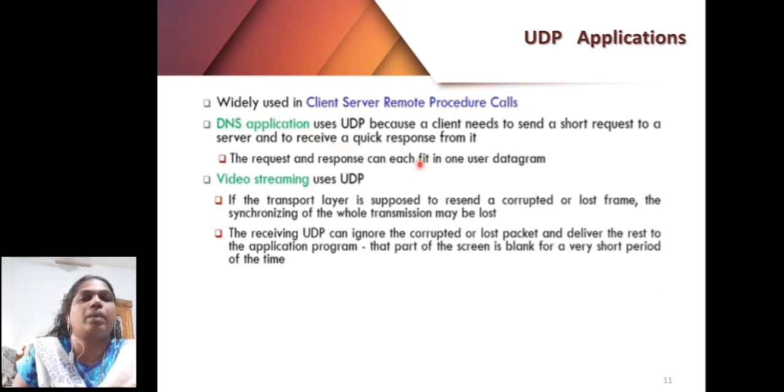Then video streaming. In video streaming we use UDP along with the real-time protocol. UDP is used for transmitting real-time data, that is audio, video streams, etc. The receiving UDP can ignore the corrupted or lost packets, and this offers a best effort service, and we can perform the service very quickly, and we expect efficient delivery with the help of UDP.